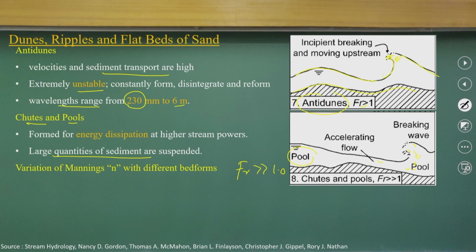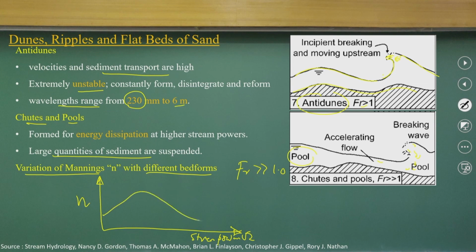But let me look at how Manning's roughness n value varies with the bed forms. If I plot stream power versus Manning's roughness values, I will get a shape like this.